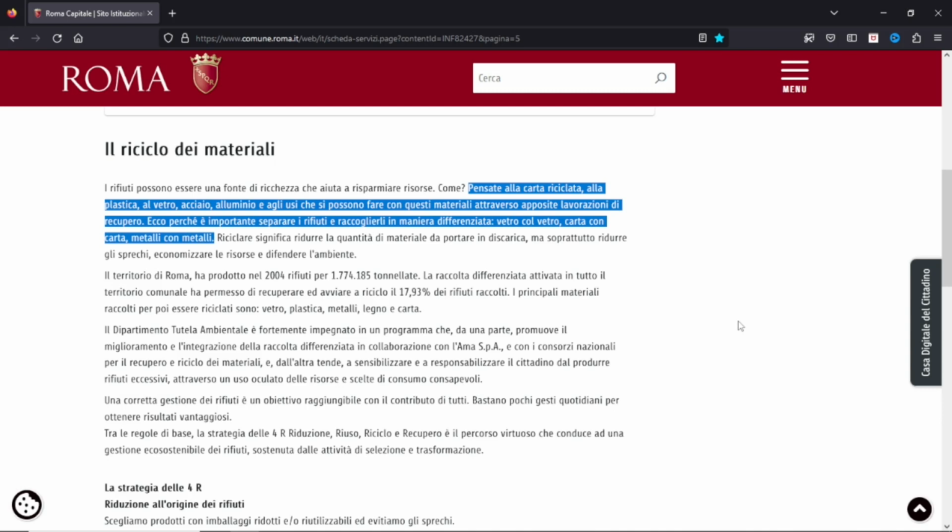What would we say? Reuse or something like that. This is why it's important to separate the refuse and to collect it in a way where it's differentiated, so separated out. Glass with glass, cardboard with cardboard, metal with metal. So they're actually saying metal there, so I think acciaio is definitely metal.